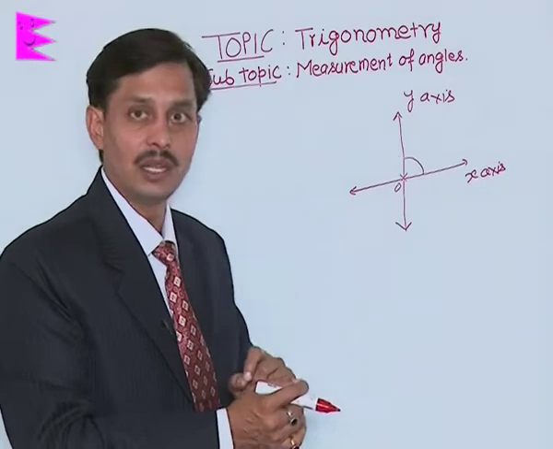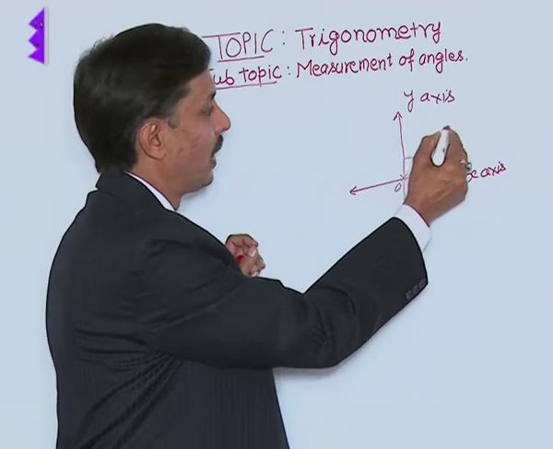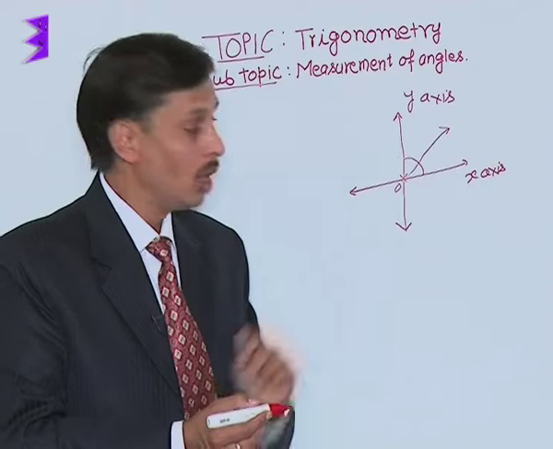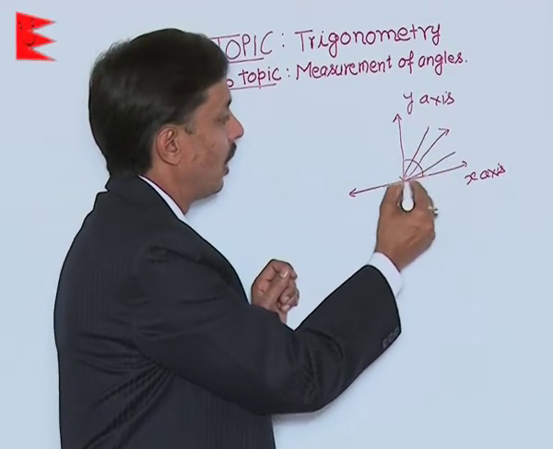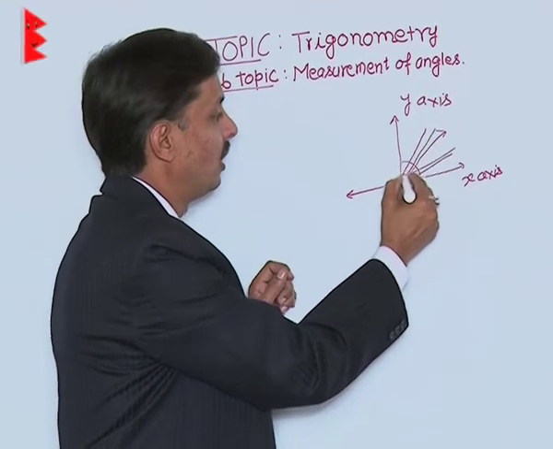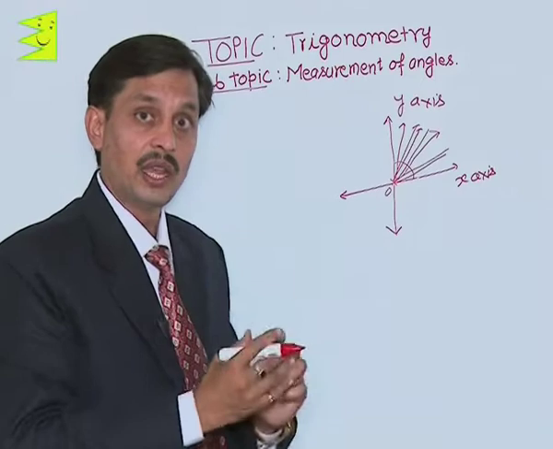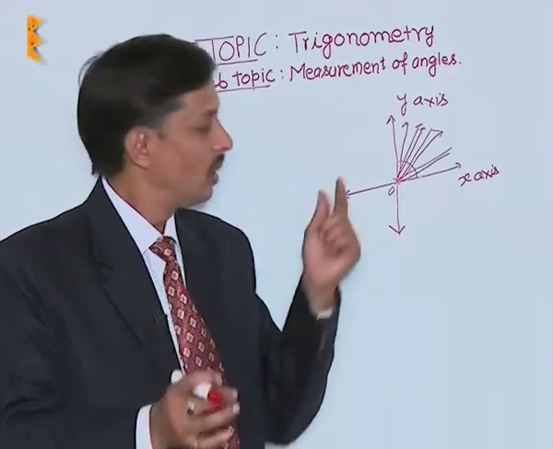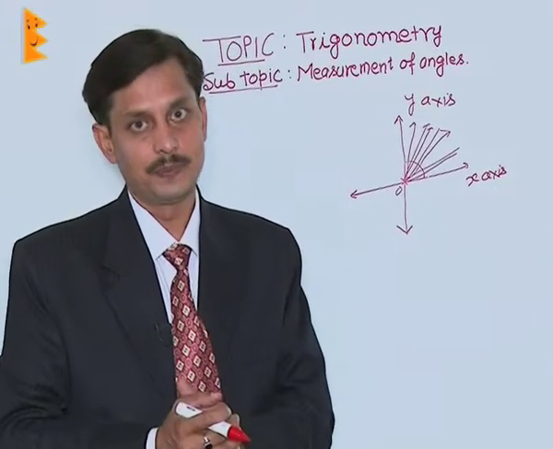You can observe here that if I draw one ray, I get two angles. So if I draw 89 equally inclined rays, then this one right angle will be converted into 90 equal parts.